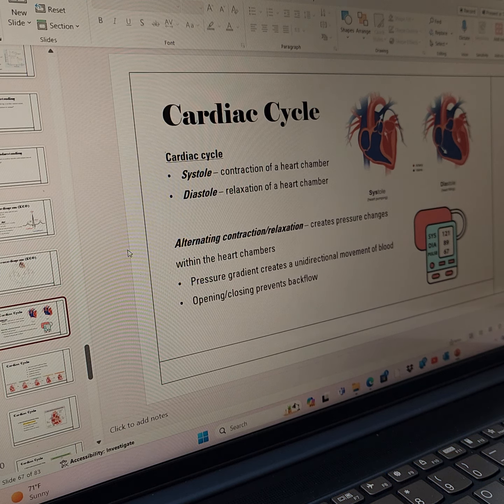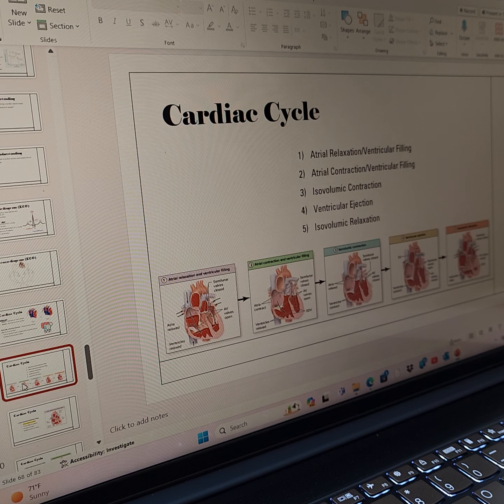Alternating contraction and relaxation creates pressure changes within the heart chambers, and that creates a pressure gradient, which creates unidirectional movement of blood. This is what creates the opening and closing of valves to prevent backflow.